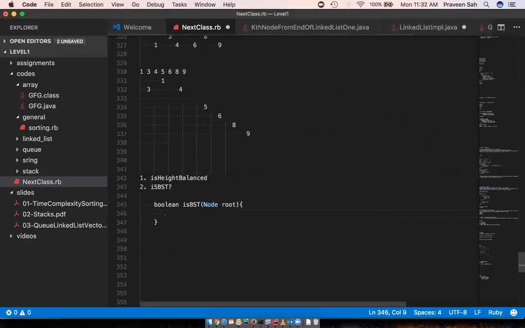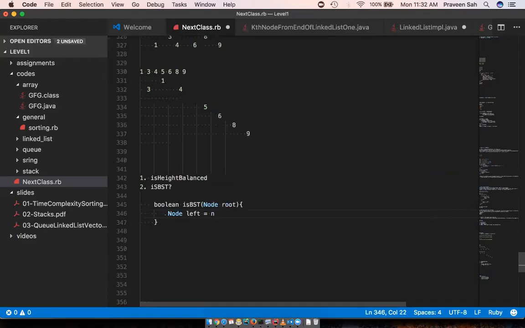We already have the left node and right node. So we'll create a node left equals new node.